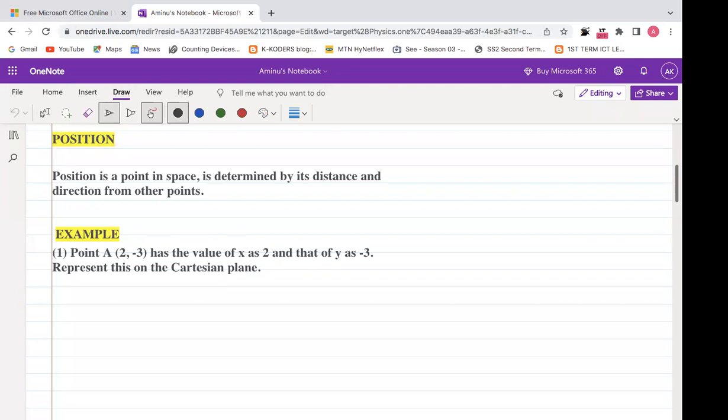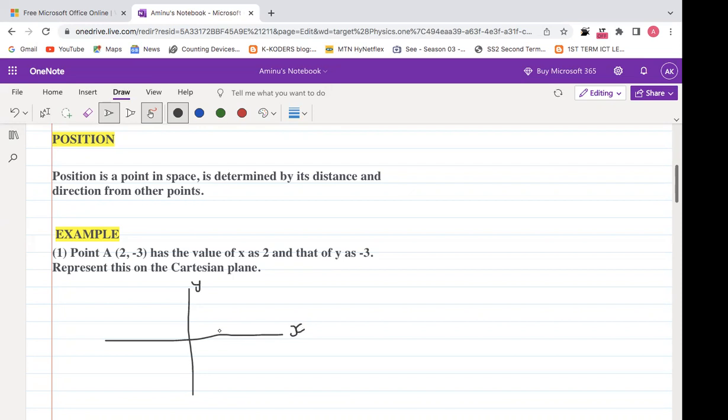So let's draw the Cartesian plane. First we draw a straight line. This straight line represents our y-axis. Then we draw another line, and this line represents our x-axis.